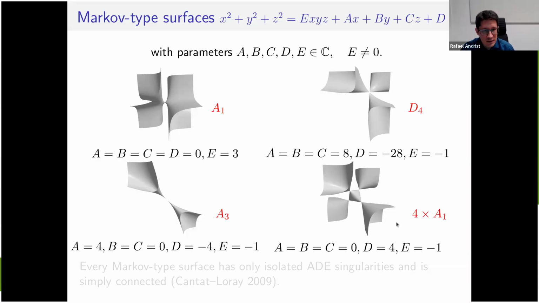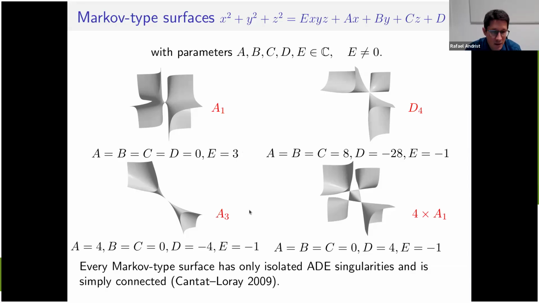And that's precisely an affine form of the Cayley cubic, right? I mean, the Cayley cubic is known to be the only one, I think, with 4 times an A1 singularity, and this is just an affine version of it. And then the good thing is that every Markov-type surface has only isolated ADE singularities and is simply connected. This is a result that is in the paper of Quentin and Loret.